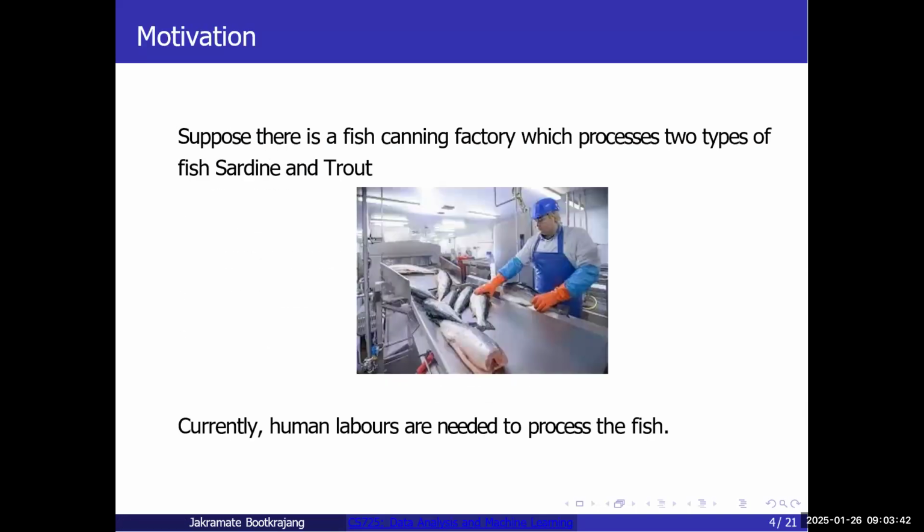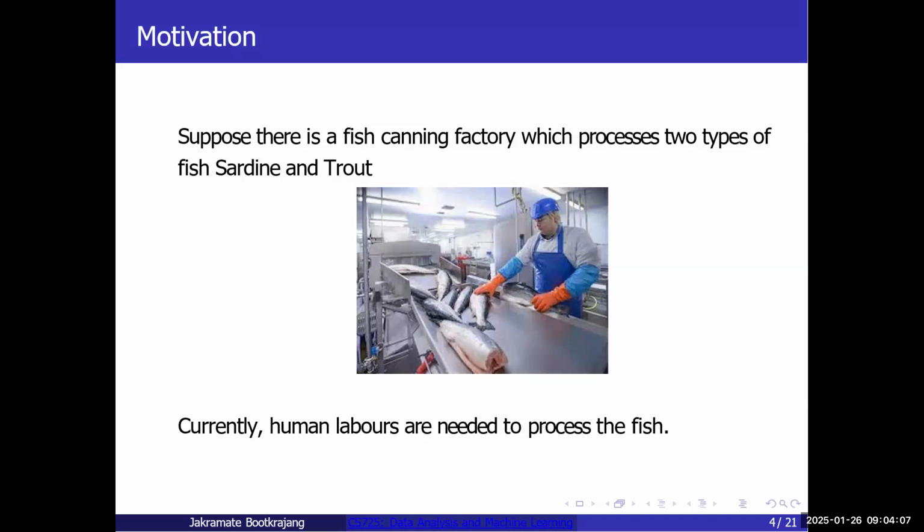So why do we begin classification, right? So suppose there is a fish canning factory.